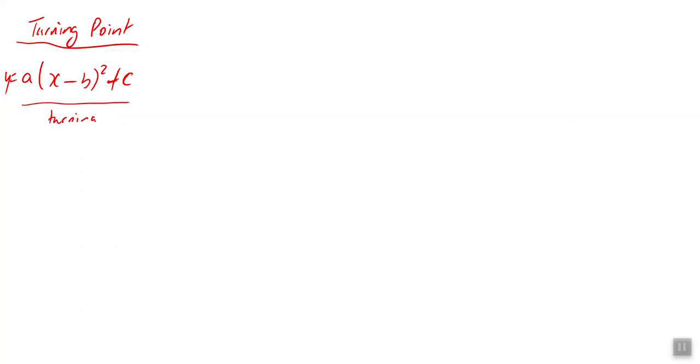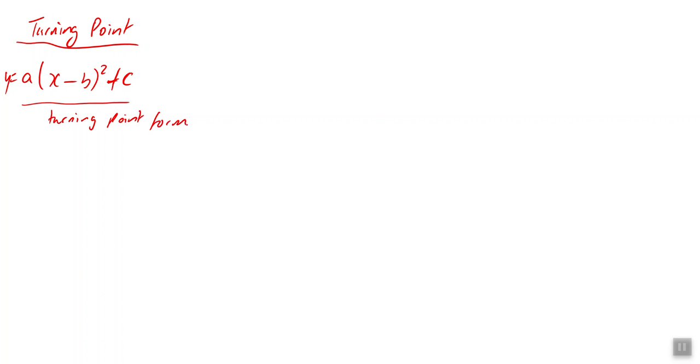If I see a graph that looks like that, this is known as turning point form. This whole thing is in turning point form. Why is it turning point form?